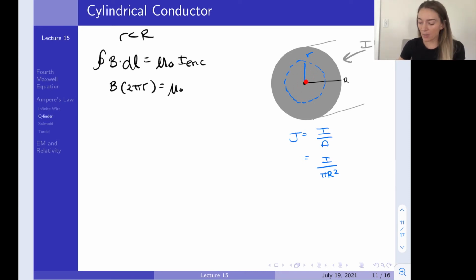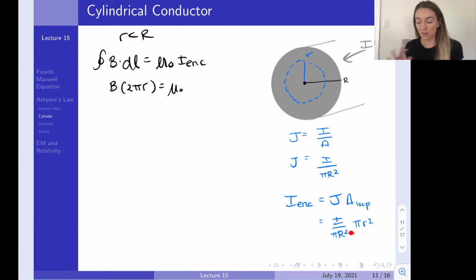To find out how much current is in this area here, I just have to multiply that density by the area enclosed by this Amperian loop. So my I enclosed is going to be the current density times the area of my loop. That's going to be I over pi capital R squared times pi little r squared. So make sure you keep your capital R's and little r's separate.